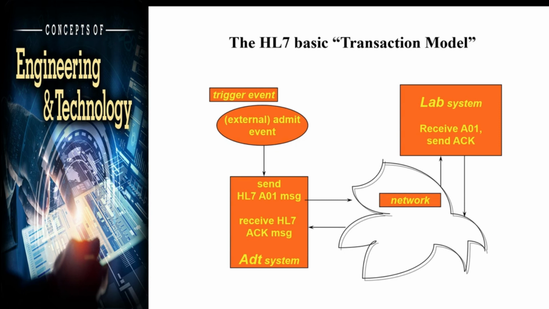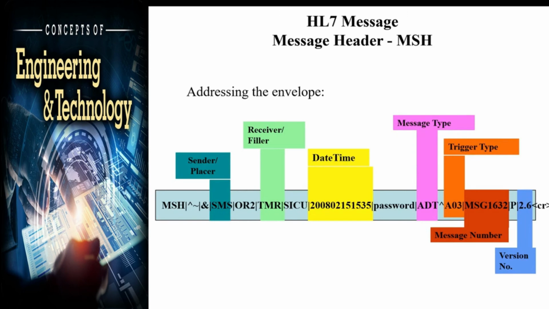So sending and receiving the information, as well as sending the acknowledgment, I received your information. Okay, so this is a basic transaction model. So now we'll be seeing some examples here.